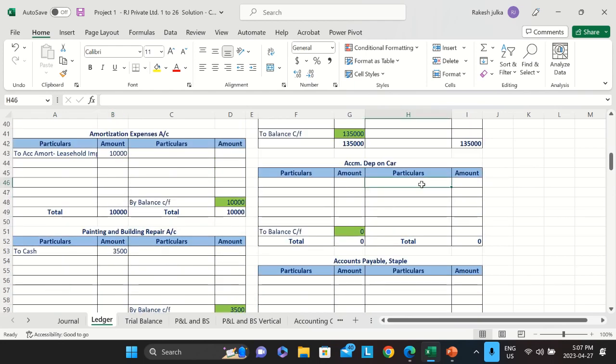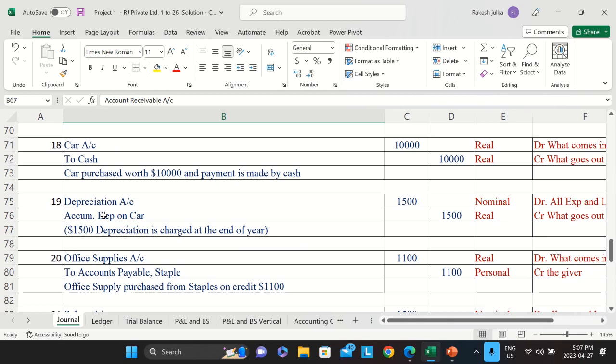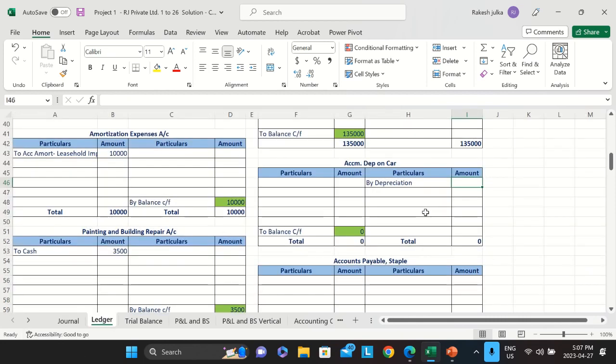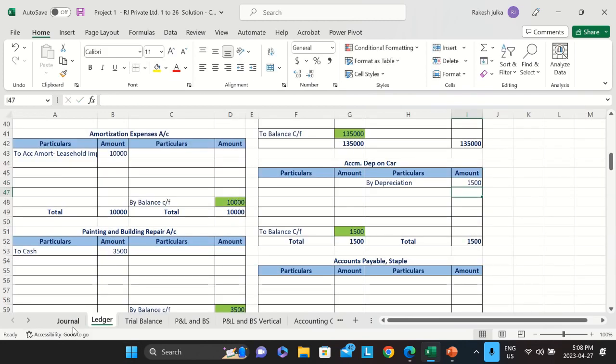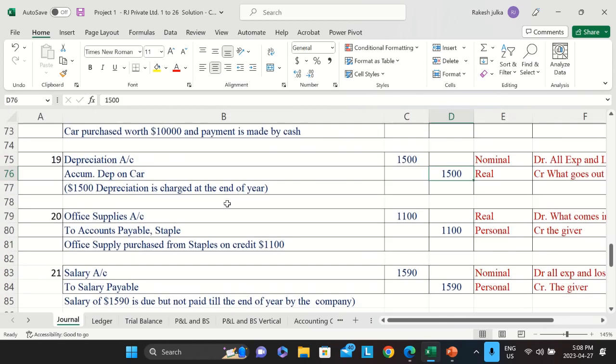The amount will be exactly the same, 1500. I can write 1500 here, or I can click the equal to sign. Now this transaction is already done.